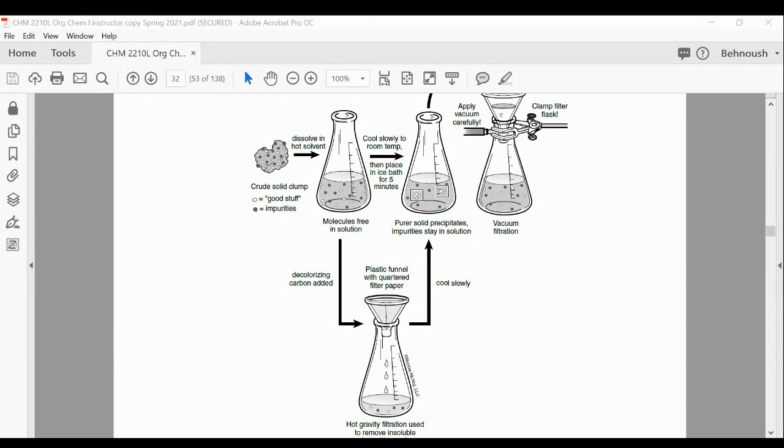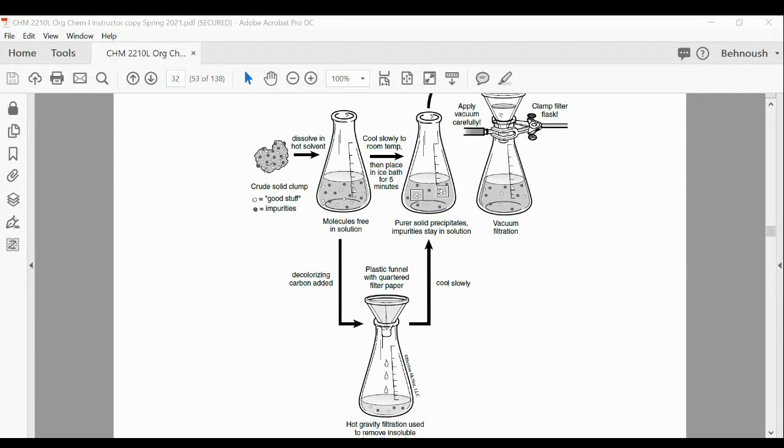Okay, very good. Anyone else? Insoluble at high temperature or soluble at low temperature? Okay, that's very good. Perfect. Okay, Ashrana.